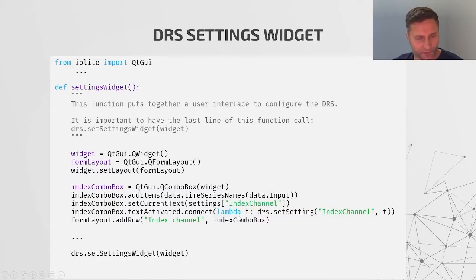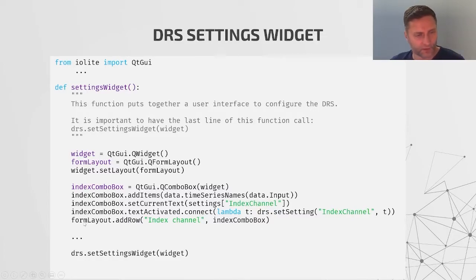And all this lambda function does is it takes the text that's currently selected in the combo box, and it passes that to this drs.setSettings function, and we're telling it to update the setting called index channel with the text. So it's just updating our settings dictionary, and in particular this index channel value here.